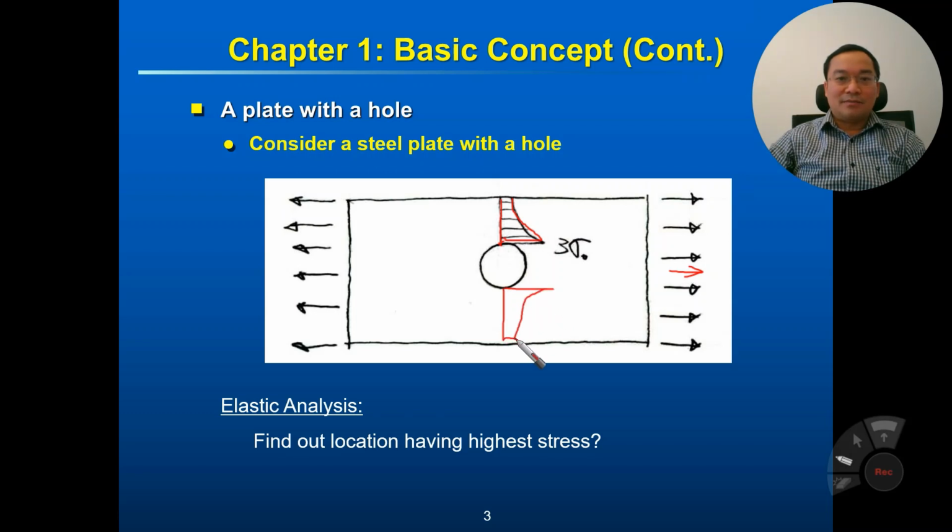The stress here is 3 times the average stress in the whole section. So sigma 0 means the average stress, P divided by the area, and the stress at this point is 3 times the average stress.